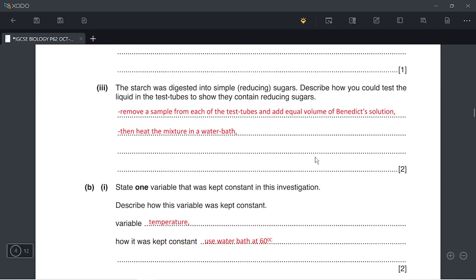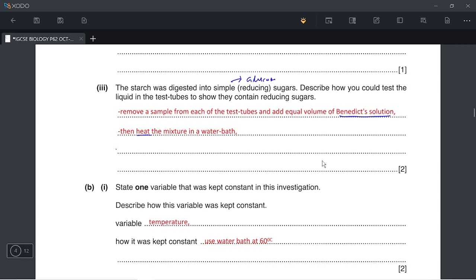Okay, now the starch was digested into simple sugars. Simple sugar is what? That is glucose. Describe how you could test the liquid in the test tubes to show they contain reducing sugars. So students, we can add an equal volume of Benedict's solution, then we can heat the mixture, right?